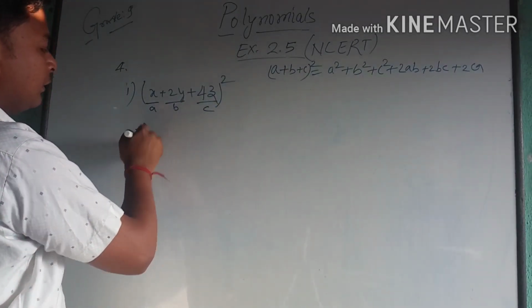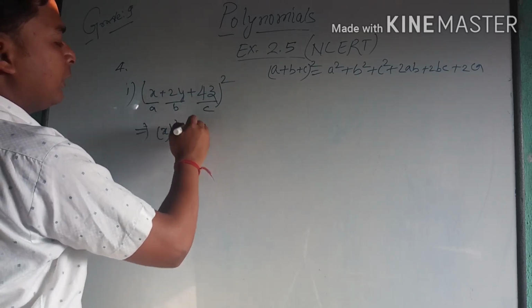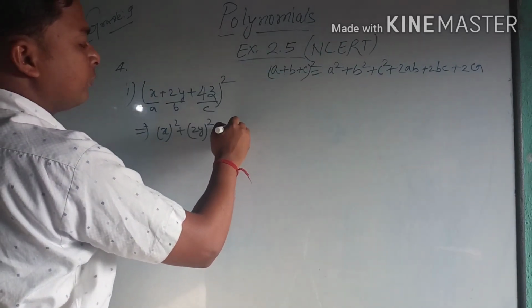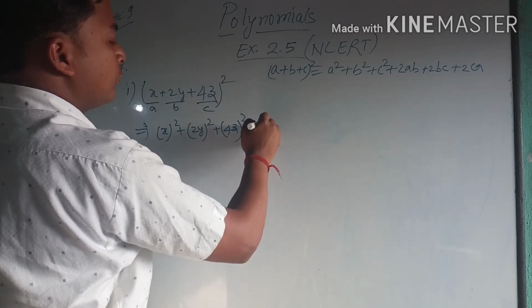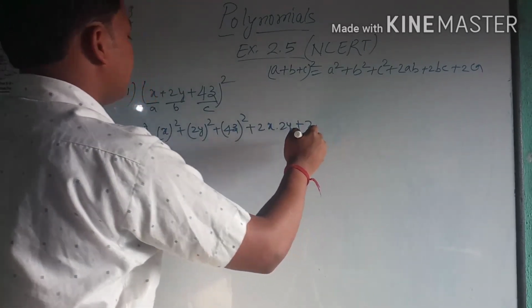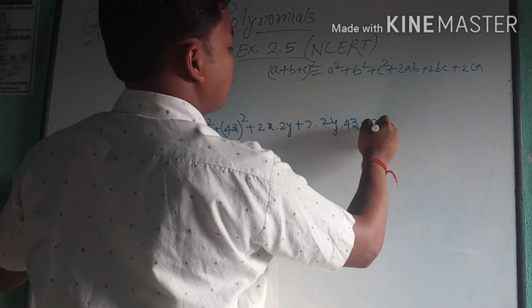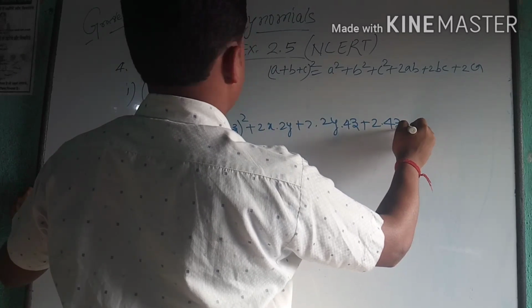Very simple. We can write a square plus b square plus c square plus 2ab plus 2bc and plus 2ca.